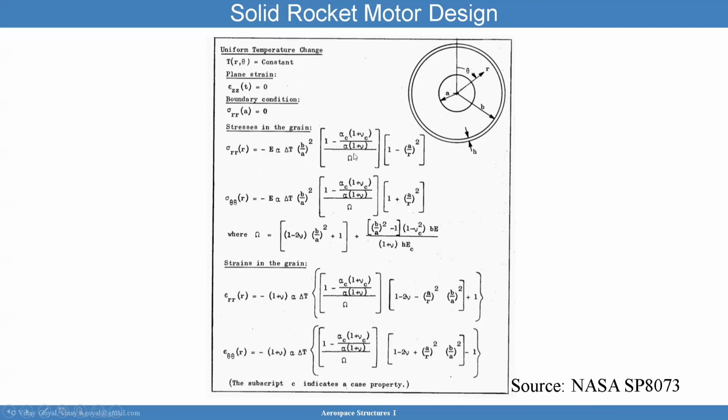You can see alpha is the coefficient of thermal expansion of the case. Alpha here is the coefficient of thermal expansion of the propellant, and E is the modulus of the propellant. So all the information is given here very quickly. Omega is given to you as well.